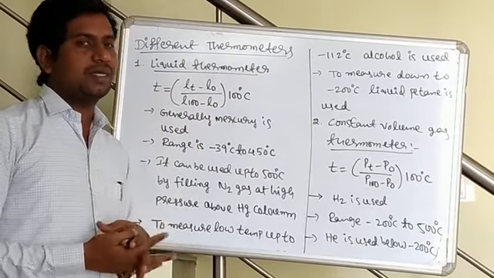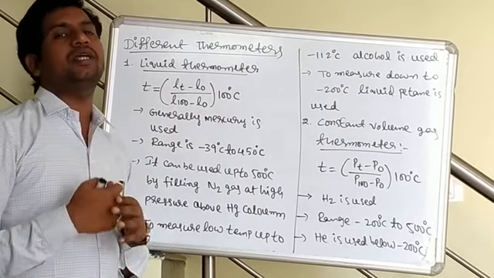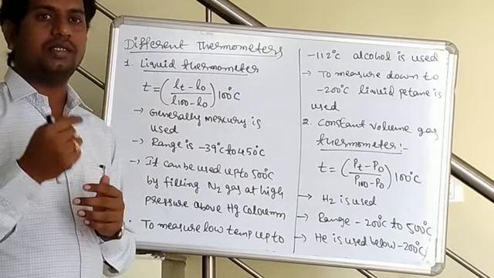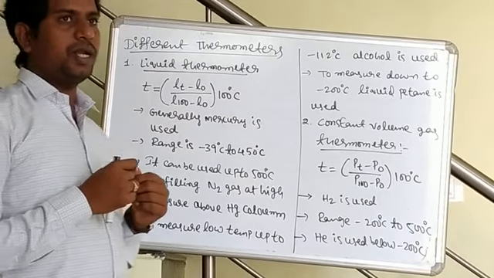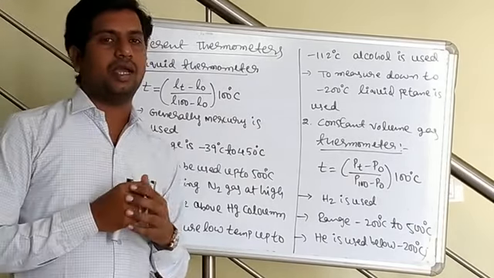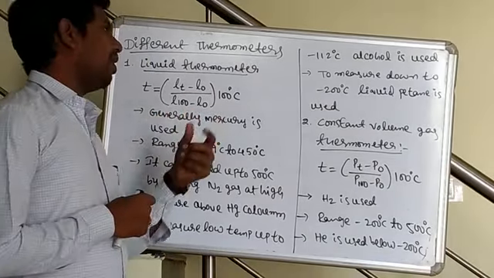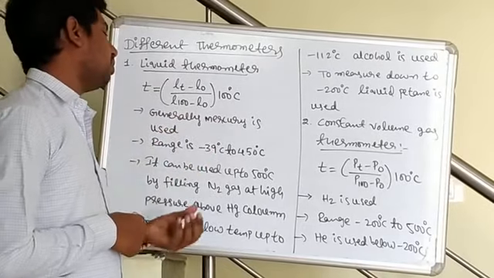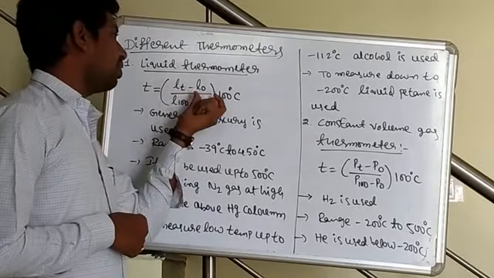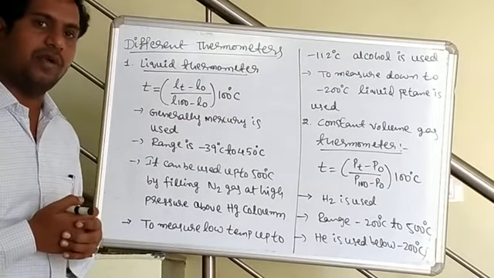In a glass container, if you take a liquid and the temperature of the liquid increases, its volume increases. But generally in a thermometer, we take a cylindrical one. If the container is cylindrical, its area is constant, so instead of volume we take the length of the mercury column, or the length of the liquid column.